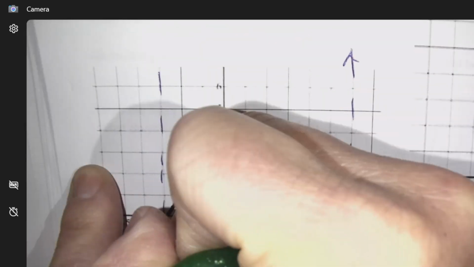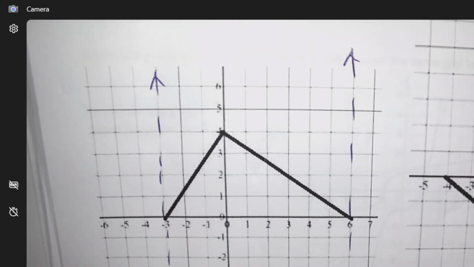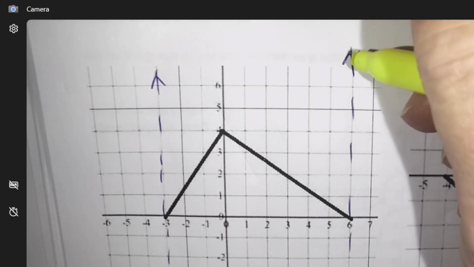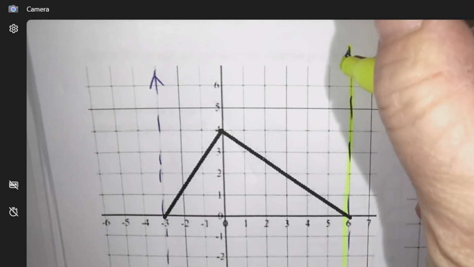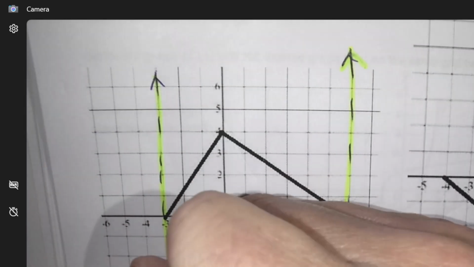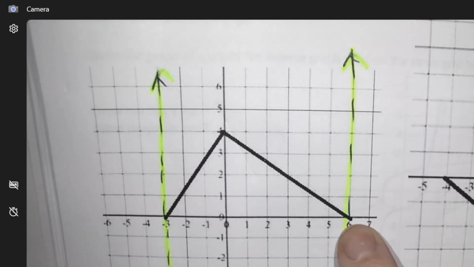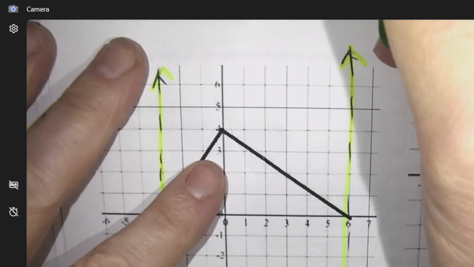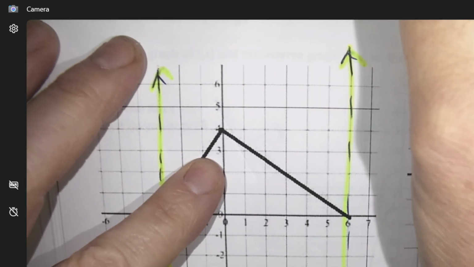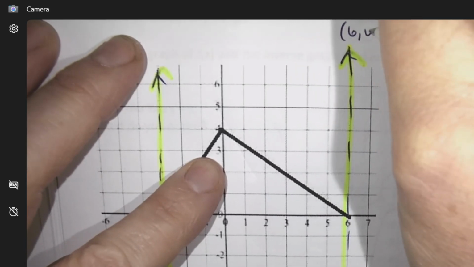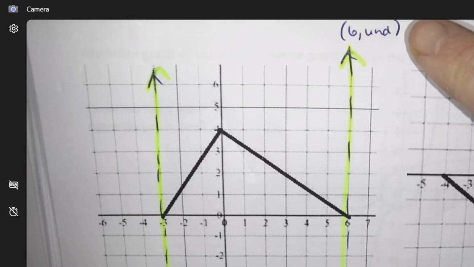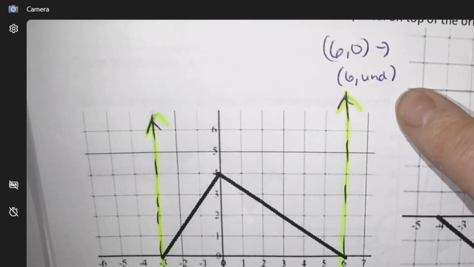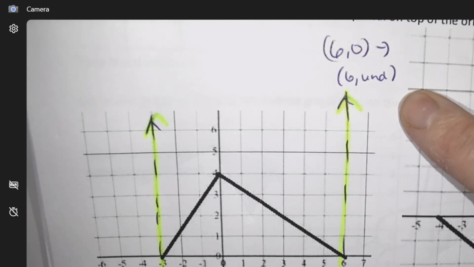Do you remember the look of this now? Undefined heights here. 6, 0 becomes 6, undefined. That's what I did there. Does that make sense? The point 6, 0 became the coordinate 6, undefined.